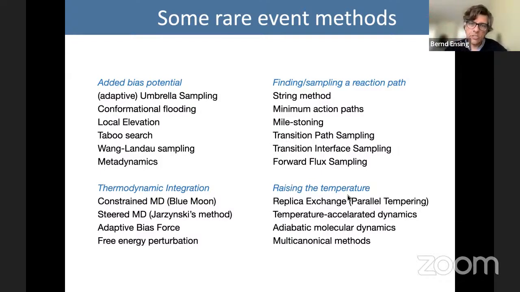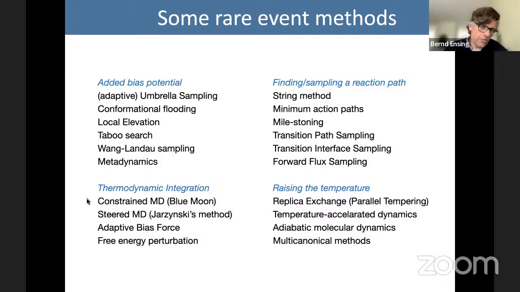And then there are fancy versions of that, so replica exchange or parallel tempering, where you mix low temperature and high temperature in parallel, and adiabatic molecular dynamics, etc., where you increase the kinetic energy only for part of the system. That's one way of doing it.